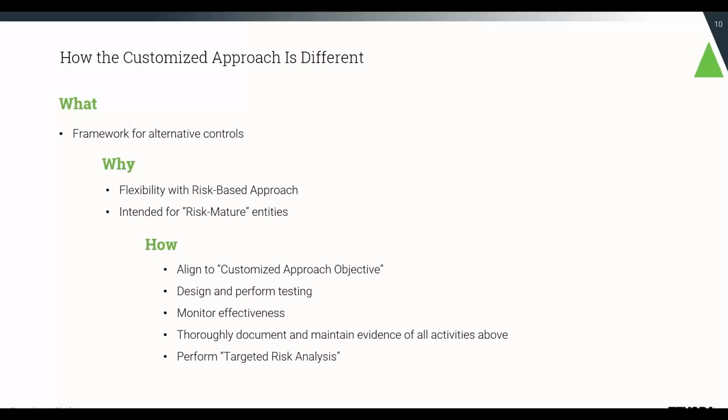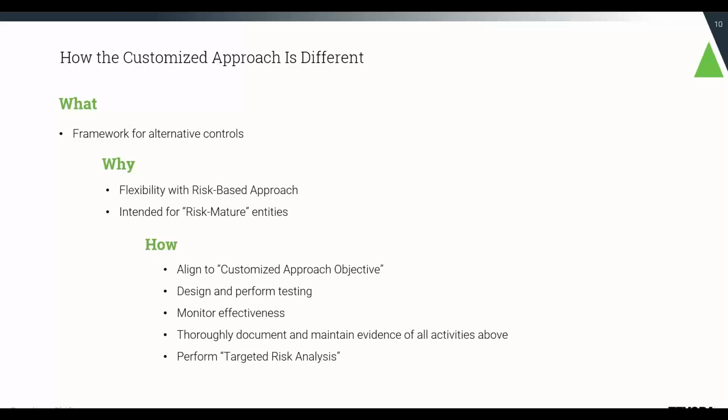So how do you define and design a customized approach objective? One, you have to align with the customized approach objective for your control, and we'll go into where that can be found in the standard in the next slide. Next, the organization implementing the control has to design and perform testing not only for the existence and implementation of that control, but also the effectiveness of that control, and how well it does in mitigating the risk associated with the original intent of the control.